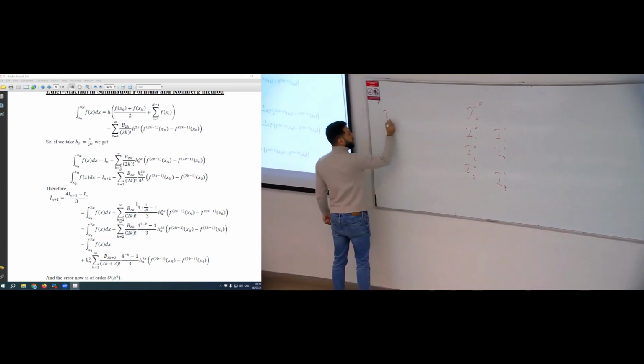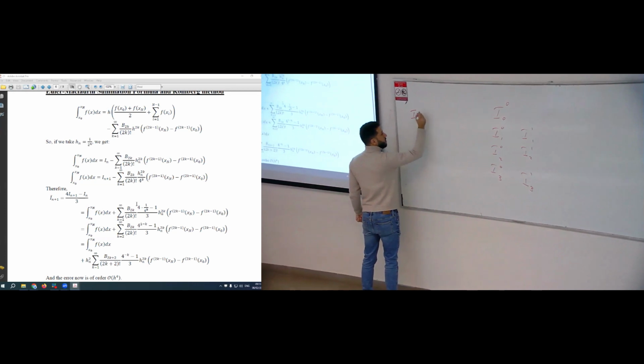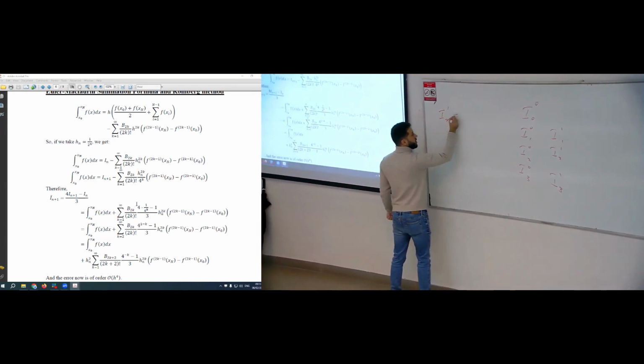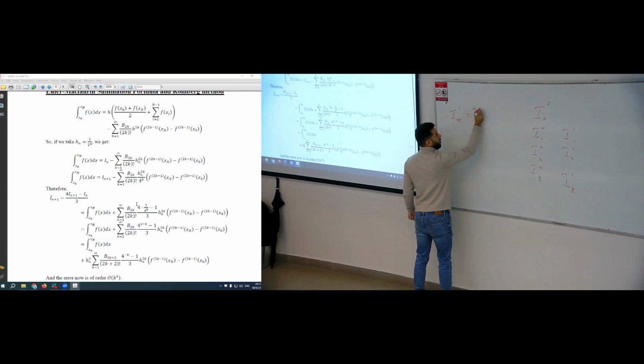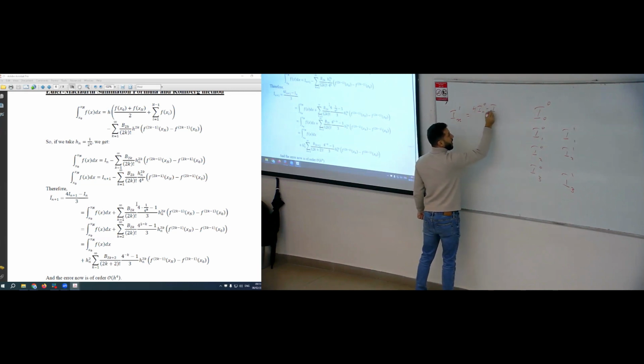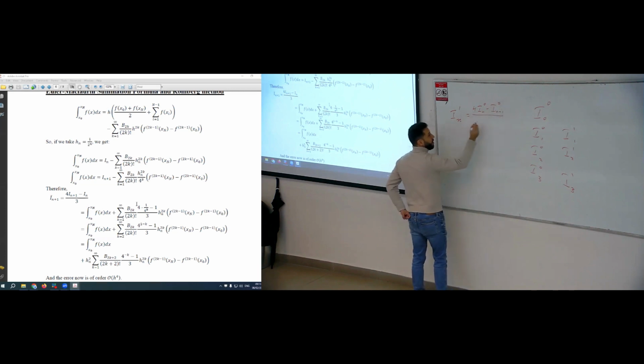So I_n^1 was 4 I_n^0 minus I_{n-1}^0 divided by 3.